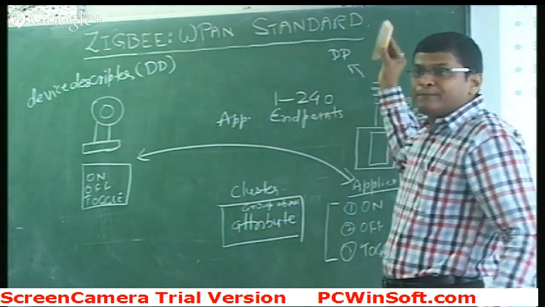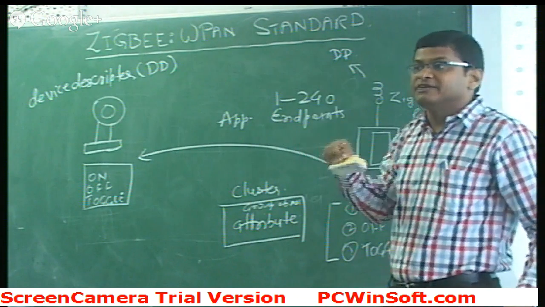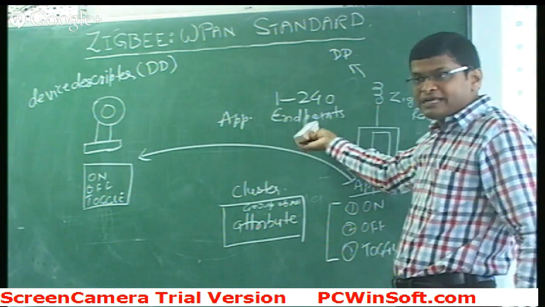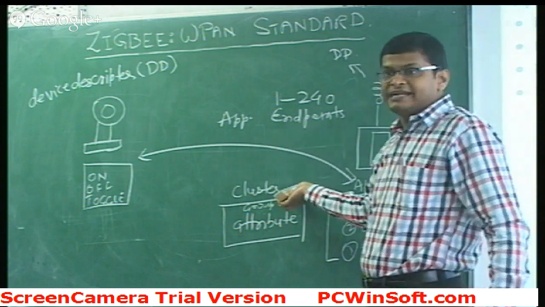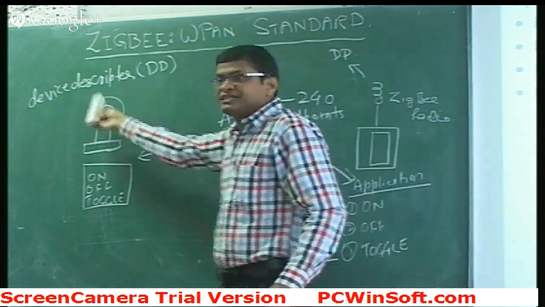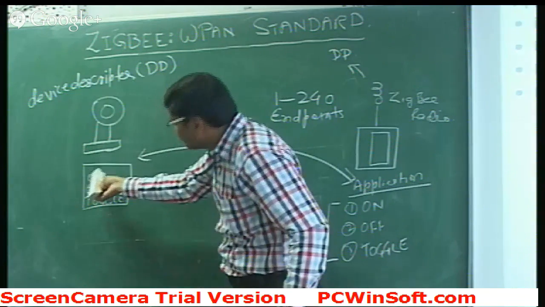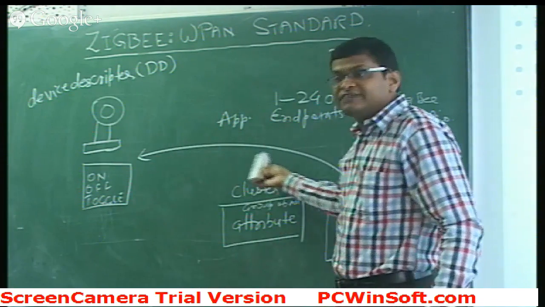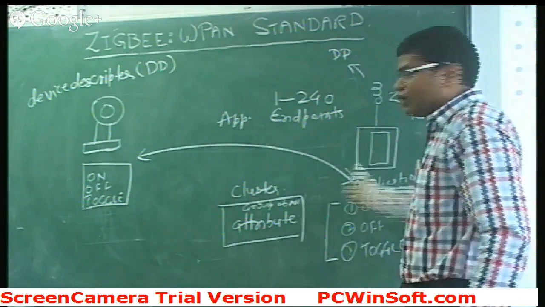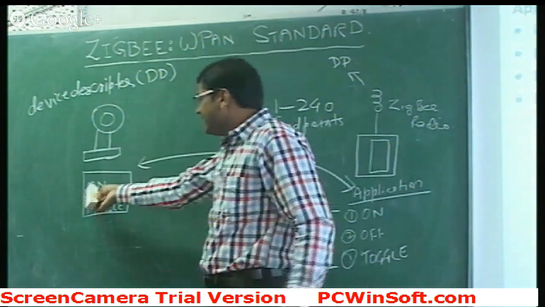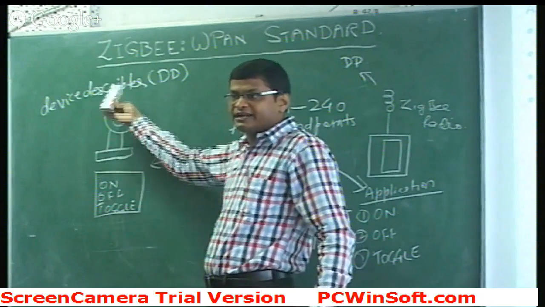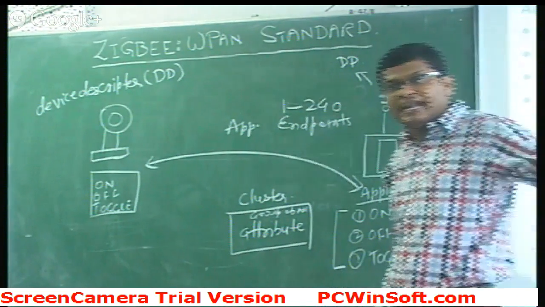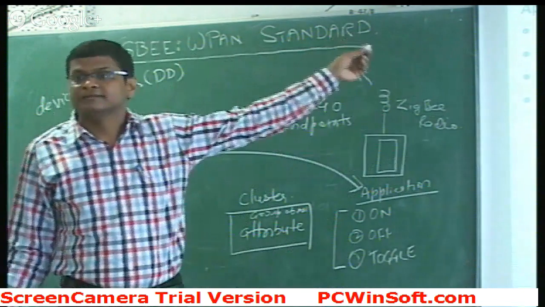So this is how a binding table entry is created, which will have the source device descriptor plus application endpoint plus cluster ID with the destination device descriptor, destination application endpoint plus the receiving cluster ID. So whenever an on goes from here, any cluster will receive on out here and it will switch on the bulb. This is how a binding table entry is created. And that binding table is maintained by the application.